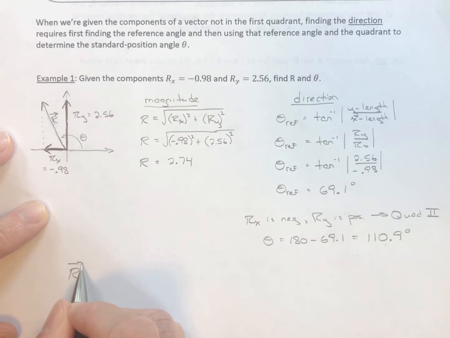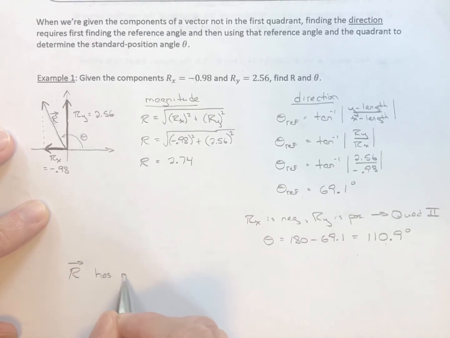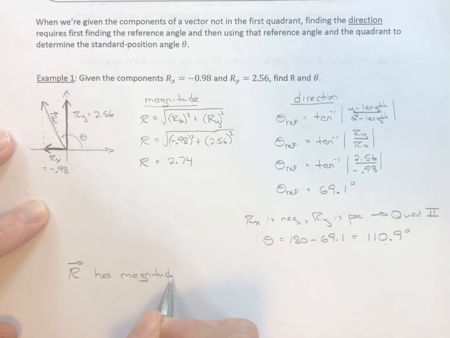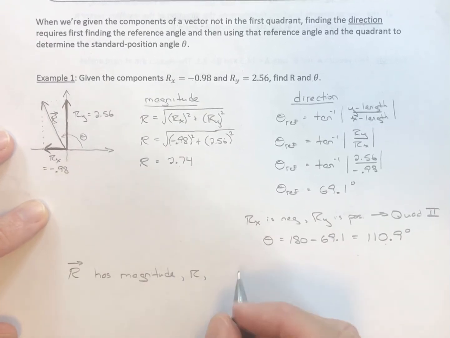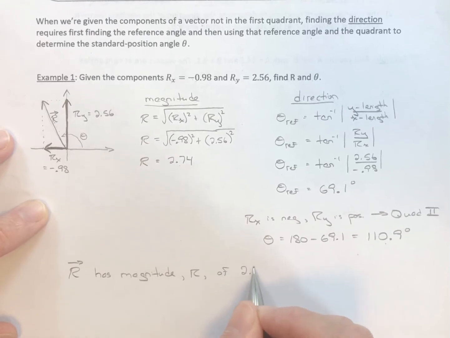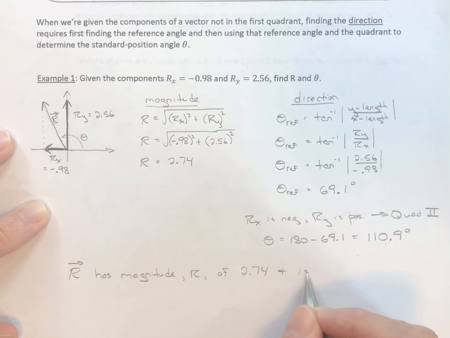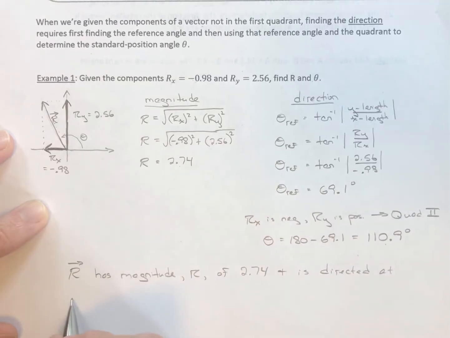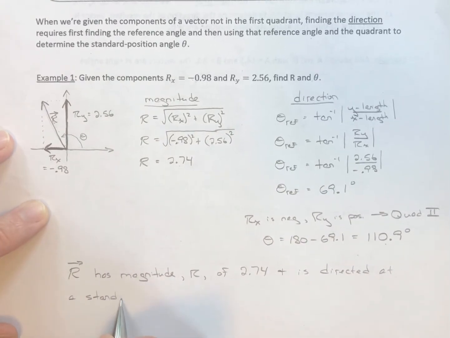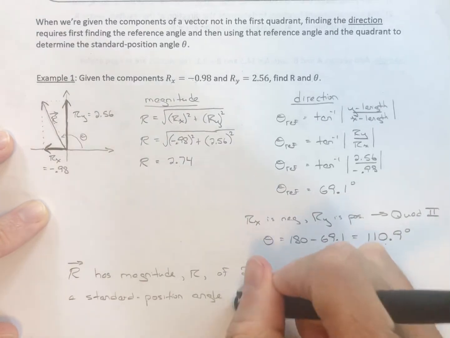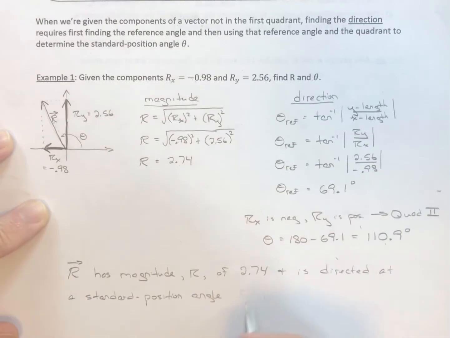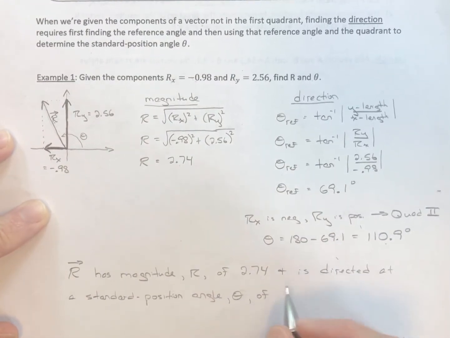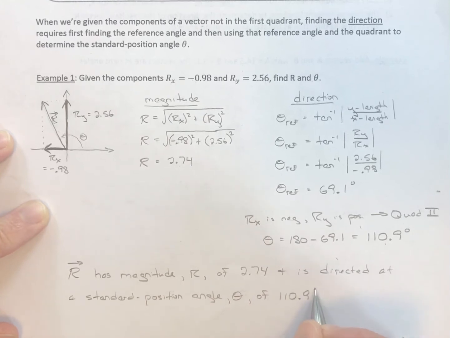So our resultant vector r has magnitude, which of course is the r without an arrow over it, of 2.74, and is directed at a standard position angle, theta, of 110.9 degrees.